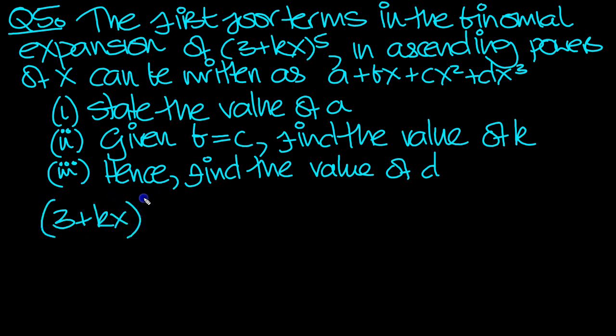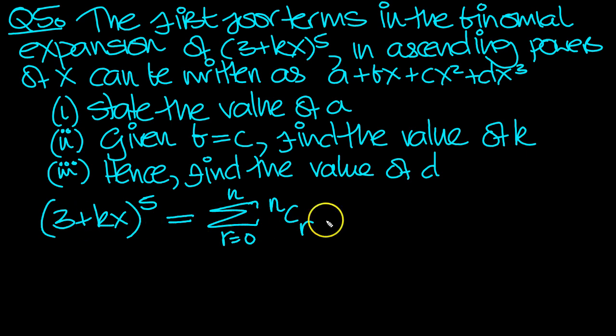It is equal to the summation from r equals 0 to n of nCr times 3 to the n minus r times (kx) to the r. That's what we want, isn't it? That's it there. So now let's just run along and see what it is.